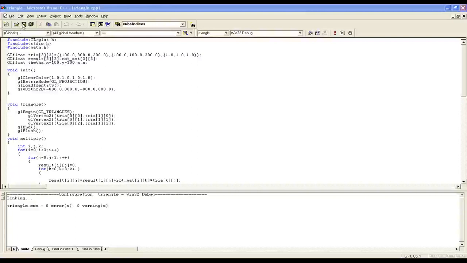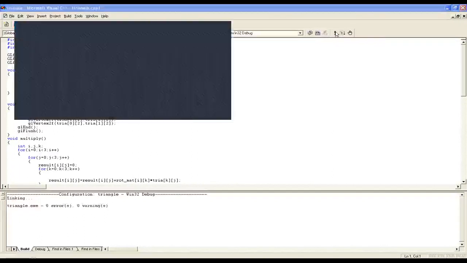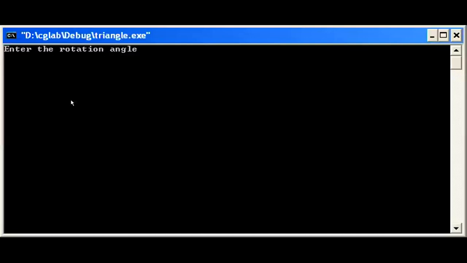So I'm saving my program, compiling, building, and executing. It's asking for entering the rotation angle. I will give 90 degrees.